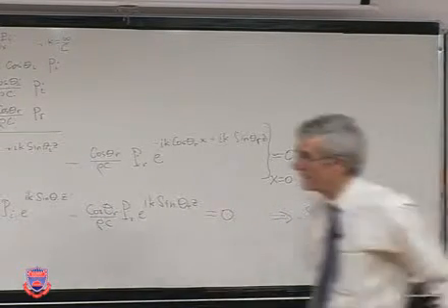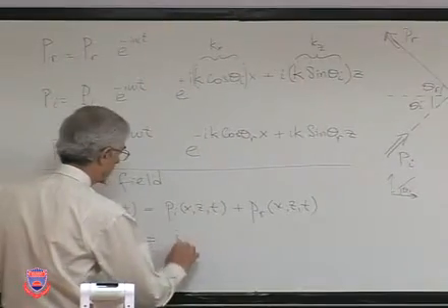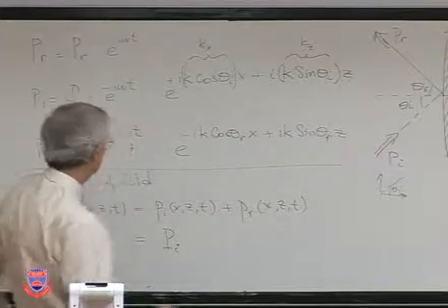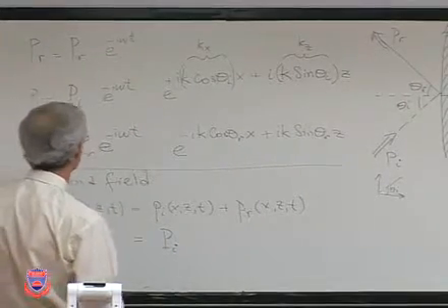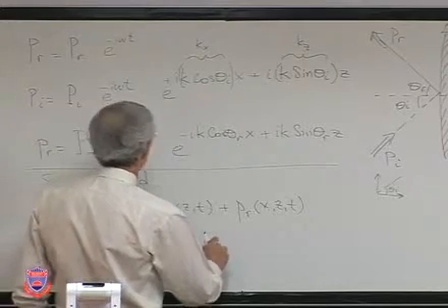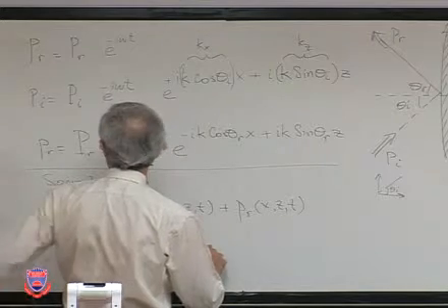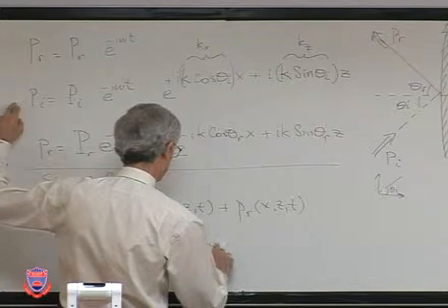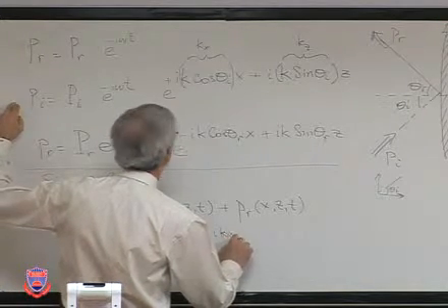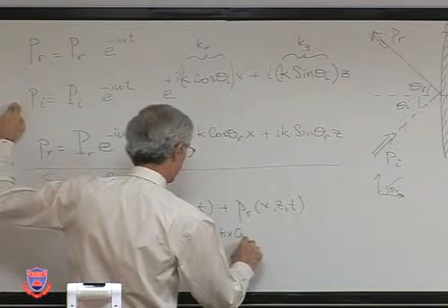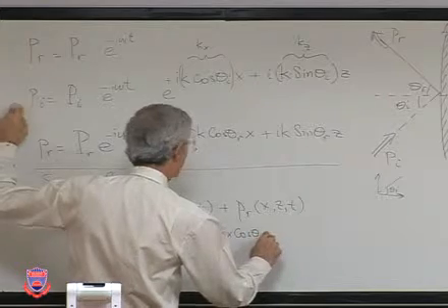So what we have is an expression, p i, this a little bit differently. Cosine theta i.